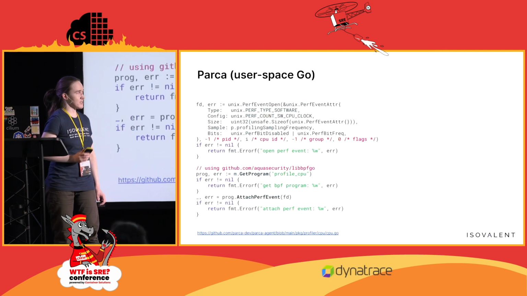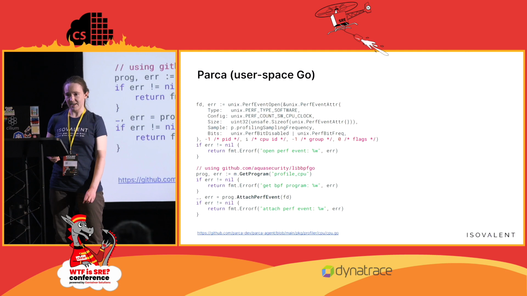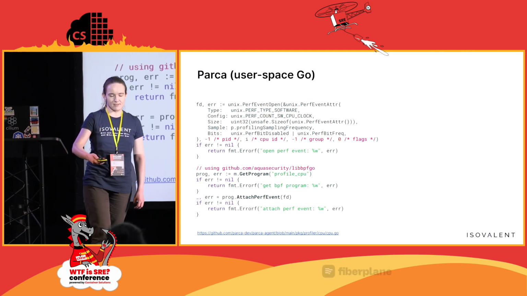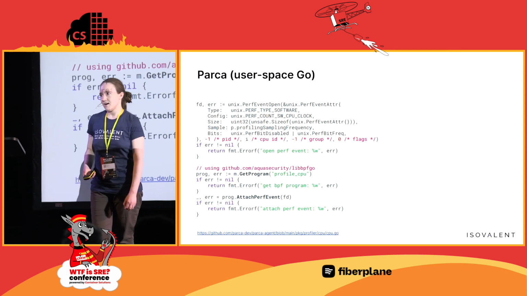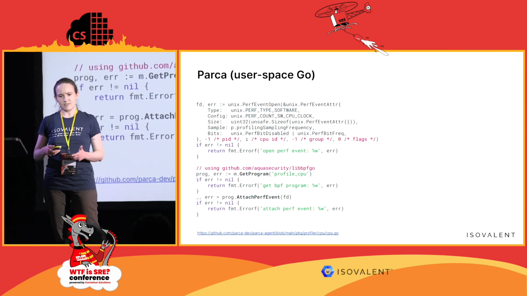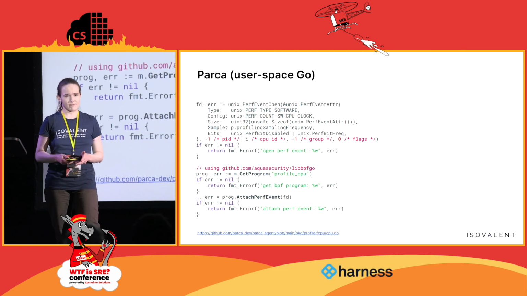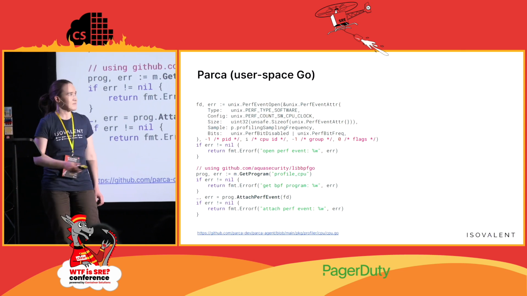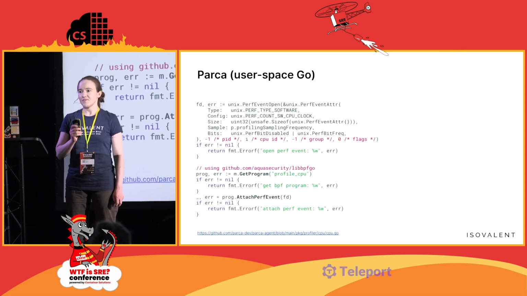Here's the user space code for Parca. BPF programs have to be loaded into the kernel somehow. They are not loaded when we are starting the Linux kernel. They are not compiled with the Linux kernel. They are loaded by user space programs. This is Parca's user space program in Go.